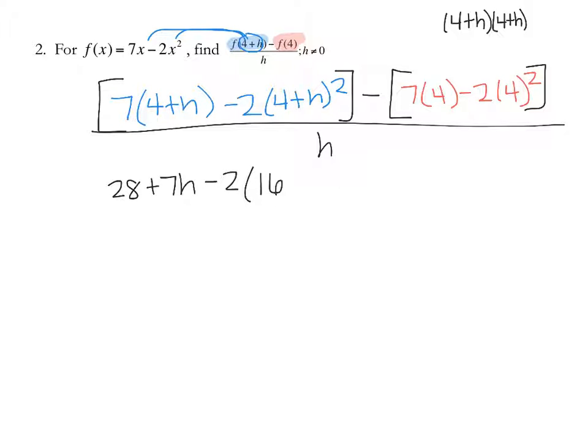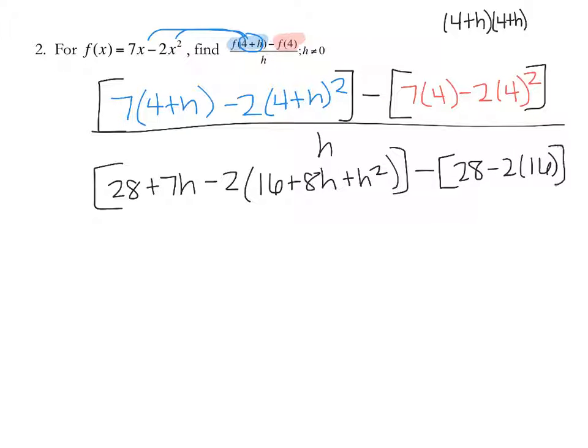That's going to be 16, plus the middle is going to be 8h plus h squared, all in brackets still, minus 28 minus 2 times 16. So this is 28, I'm going to finish my distributing, plus 7h minus 32 minus 16h minus 2h squared. Make sure you're distributing the negative 2.